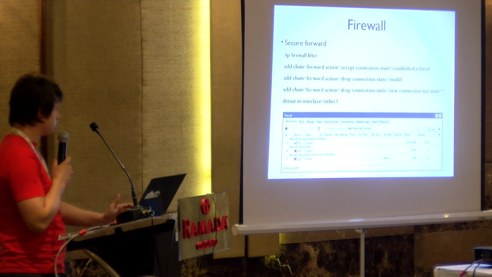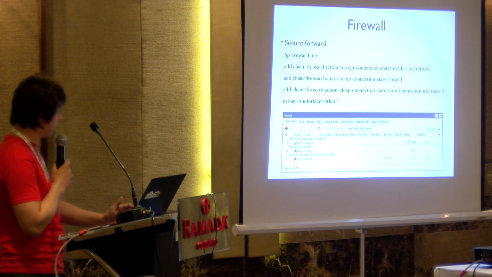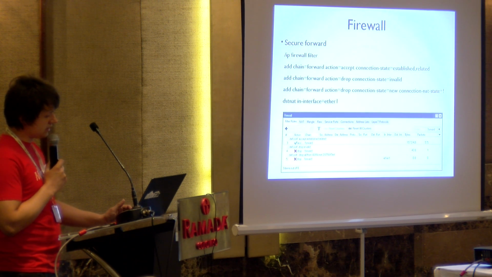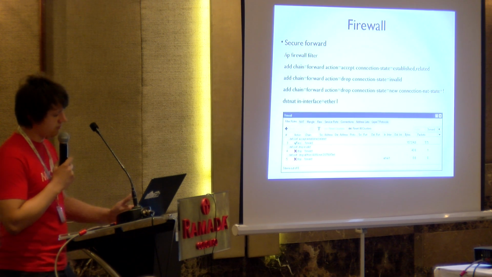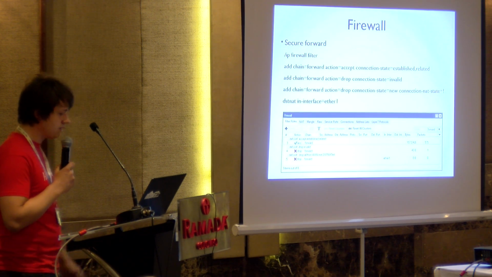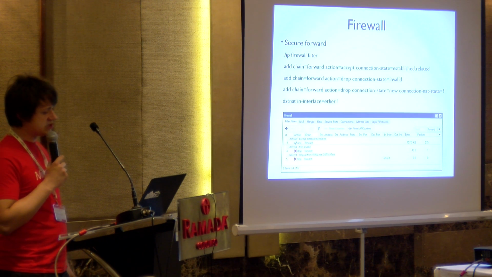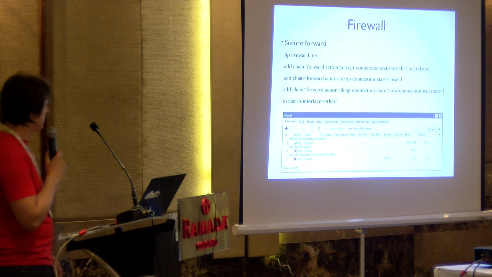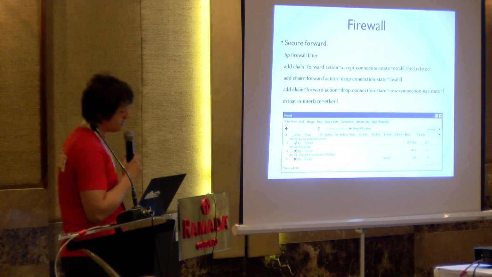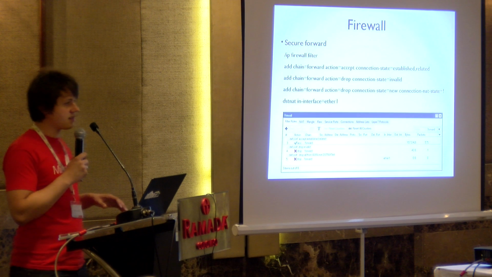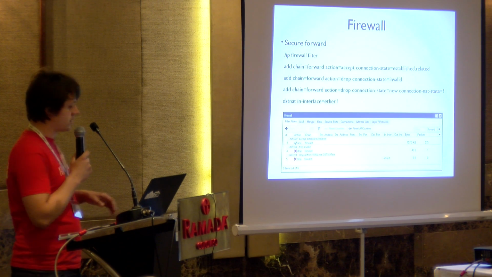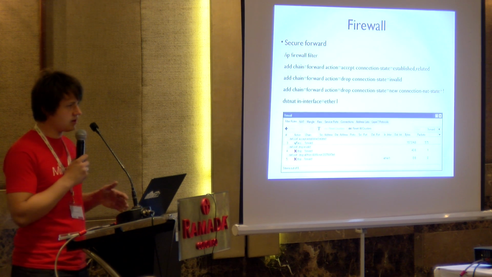We would want to drop all invalid packets, and the most important rule would be to drop everything from the public side which has connection state new. What does it mean? This means that nobody from the public side can start a new connection. We can do this only from the local area network.